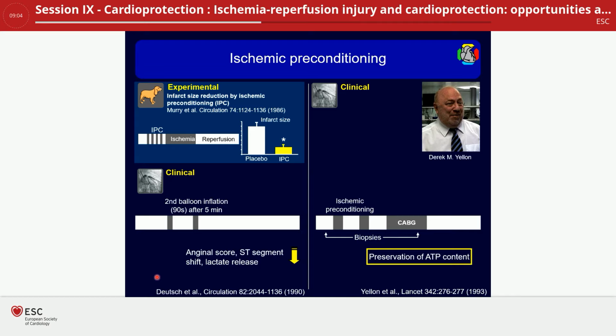And he could show that, in fact, the ATP content was better preserved, and he could also show that the troponin release during that cardiac operation was attenuated, thus providing evidence for cardioprotection.